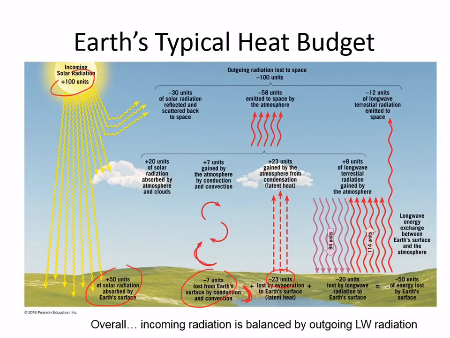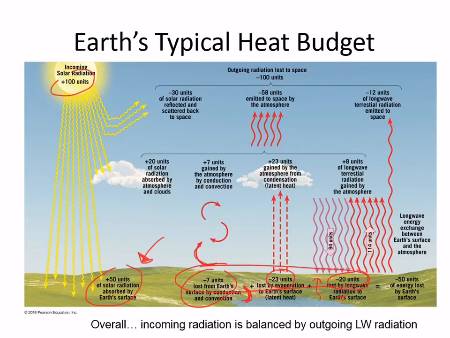It's going to lose 20 units by just re-radiating it, you know, infrared radiation. Okay, so if you add 7 plus 23 plus 20, you get 50, right? Okay, good. And as it's being shown here, it gets 50 to the Earth's surface, loses 50. So it's kind of a net wash. It's what we call balanced, right?